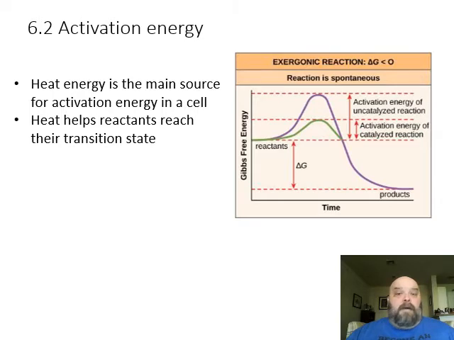Reactants can become products. That's what it means when you look over the second bullet. Heat helps reactants reach their transition state. The transition state is at the peak of that energy, that purple. When it hits there, the reactants are vibrating. The reactants are at the point where things can be changed.